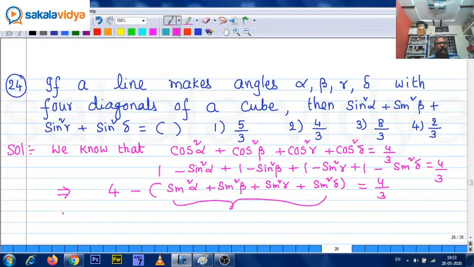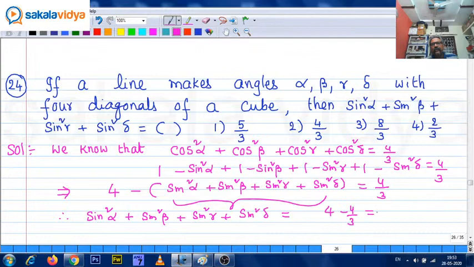So therefore sin square alpha plus sin square beta plus sin square gamma plus sin square delta equals to 4 minus 4 by 3. 12 minus 4 is 8. So 8 upon 3 or 8 by 3. So third option is the right option.